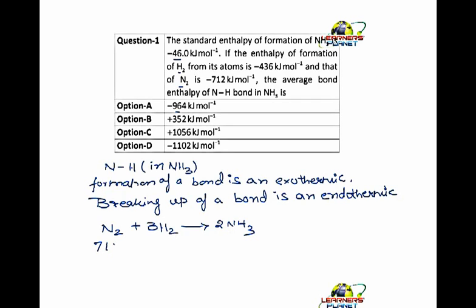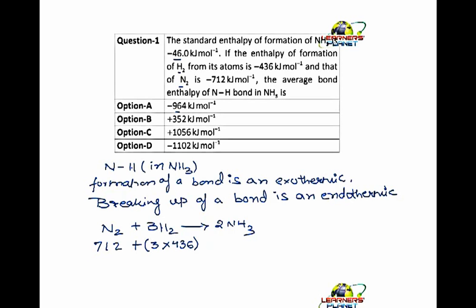So for its breaking, it will be 712 kilojoule per mole, plus the energy required for breaking the bond between hydrogen atoms, which would be 3 into 436, since there are 3 hydrogen molecules and the energy for one molecule is 436. So 3 into 436, right?